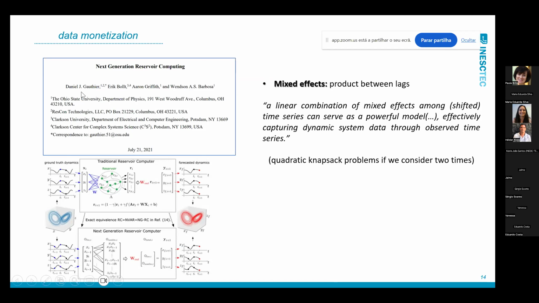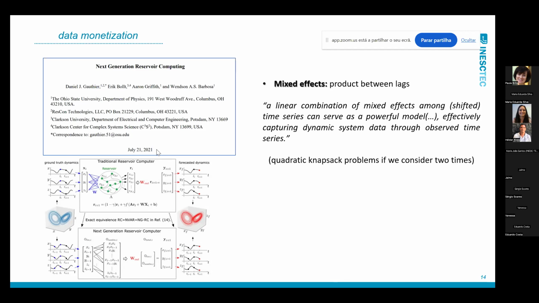In fact, there is a recent paper that states, and shows with many experiments, that a linear combination of mixed effects between shifted time series can serve as a powerful model and capture efficiently the dynamic system data through observed time series.